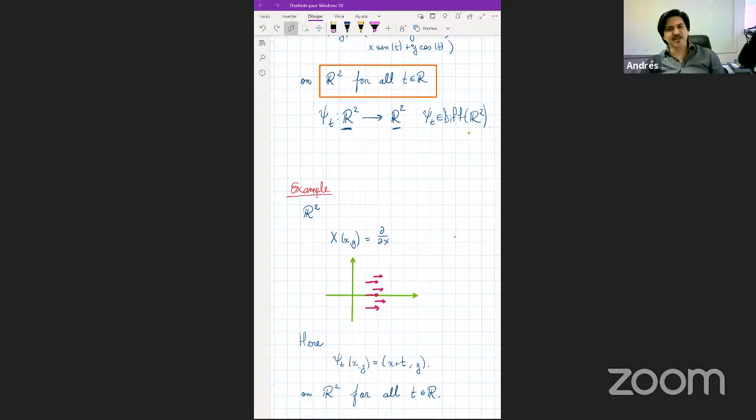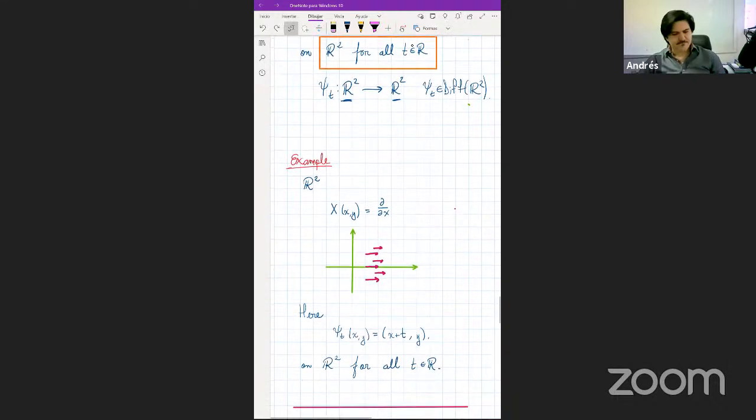Again, there's no need to shrink to a smaller set. This holds on all of R2. And also the parameter t, there's no restriction. You can do it for all t. Is this good?